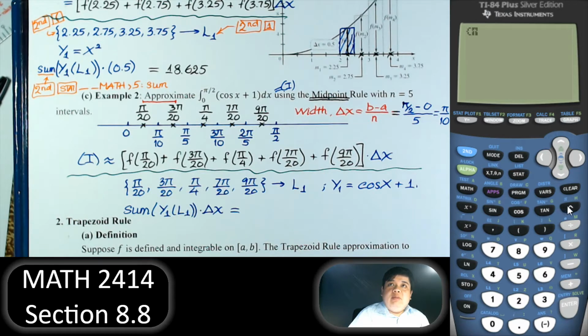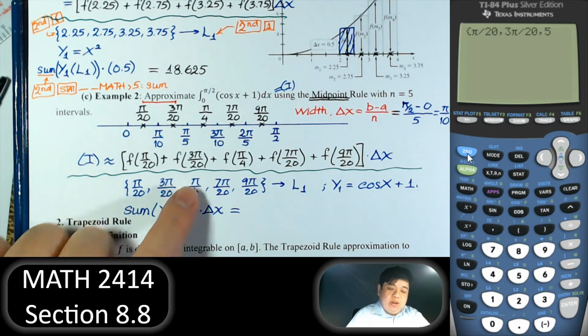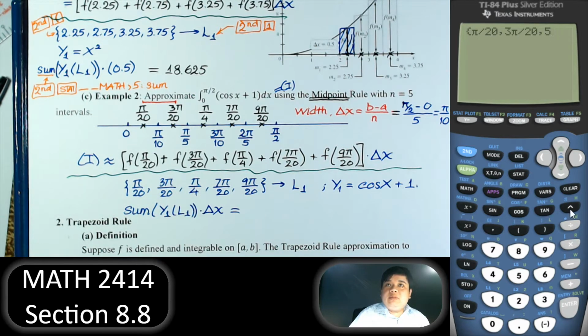Second, pi over 20, 3 pi over 20, 5 pi over 20, which is pi over 4, seven pi over 20, and 9 pi over 20.